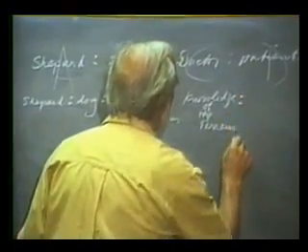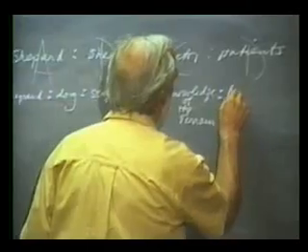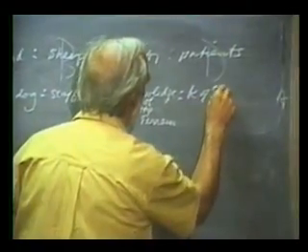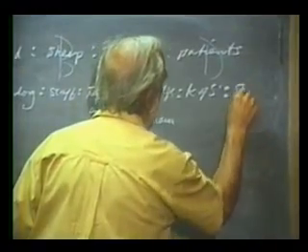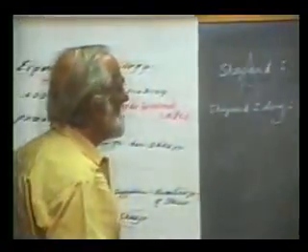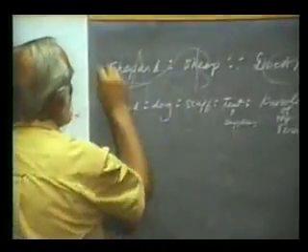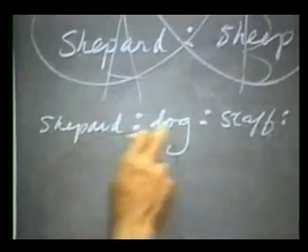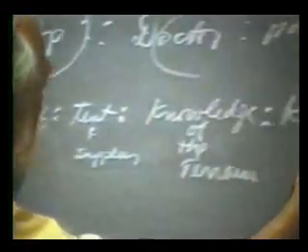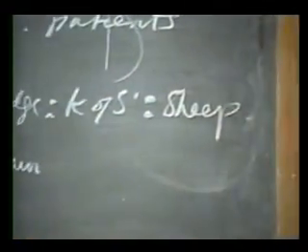They must also have a knowledge of the sheep. And would you agree they must need one more thing? Sheep. Right? So we have expanded the ratio, the shepherd is to his sheep, to 1, 2, 3, 4, 5, 6, 7 terms.